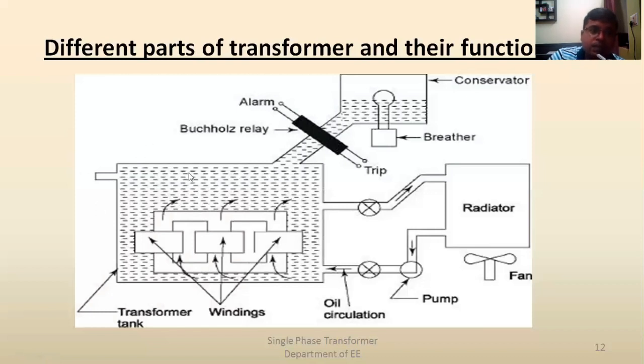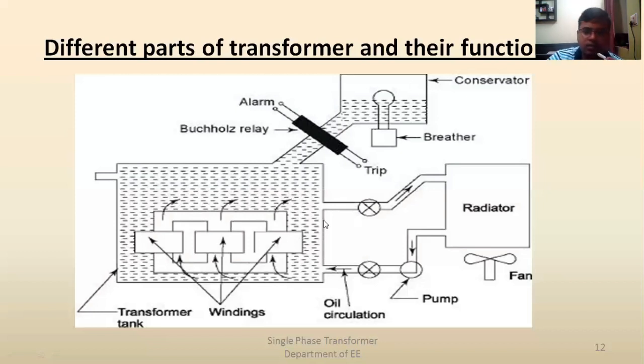It may explode, so there is a path so that if the expansion happens, the oil will go up and be stored in the conservator tank. And again, if it cools down, its volume will obviously decrease, so the oil from this conservator tank, which was earlier reserved here, will come back to fill up this tank. So this is the use of the conservator.